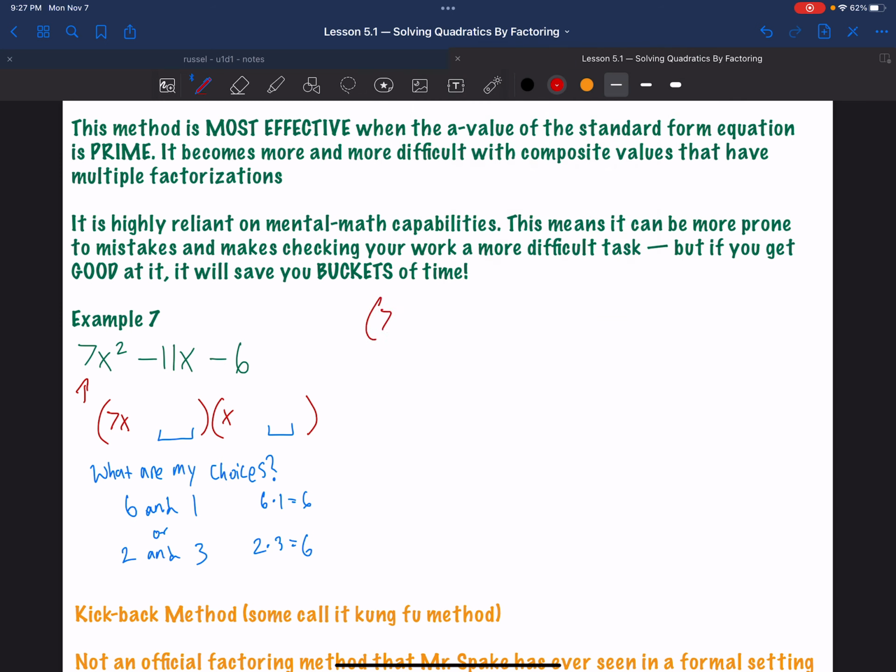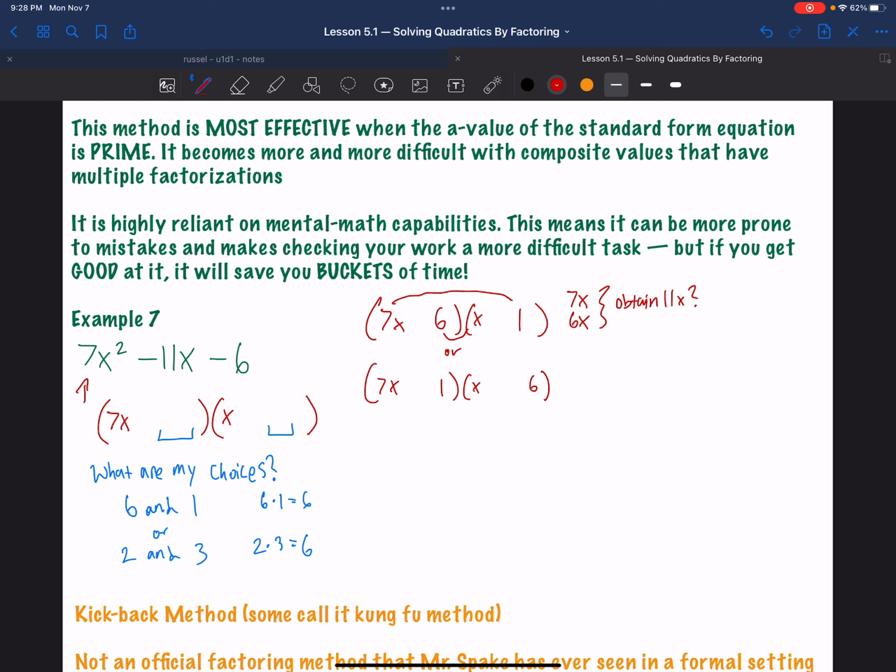So if I do this, 7x, x, here's 6, here's 1. Or 7x, 1, x, and 6, right? So let's do some mental math here. 7 times 1 is 7x. 6 times 1 is 6x. Can 7x and 6x be used to obtain 11x?